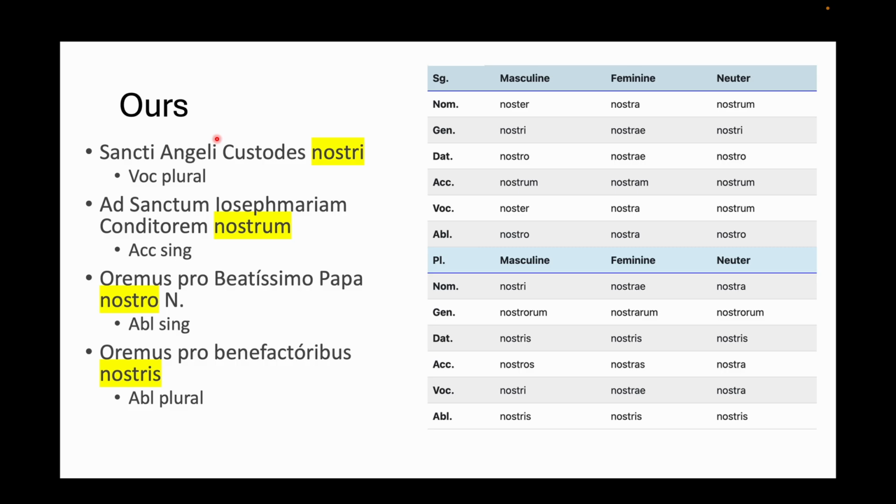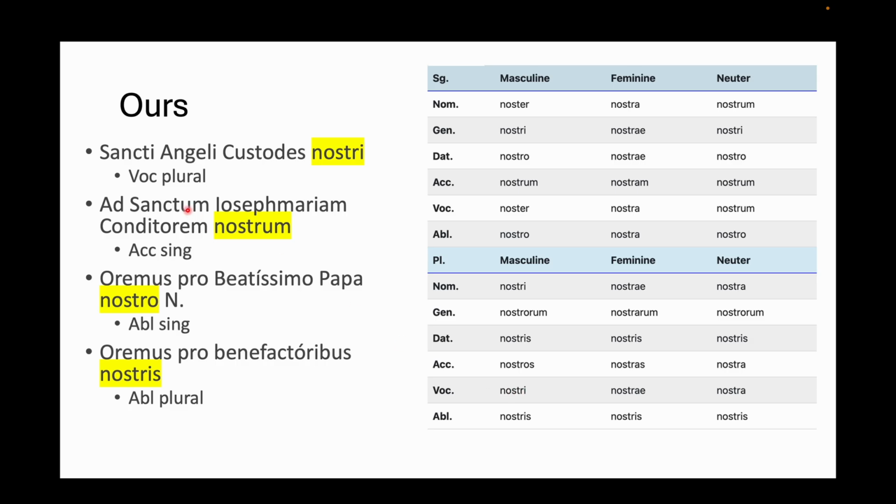Here's the chart for the first person plural, and again you can see masculine, feminine, neuter, singular, and plural. So let's have a look. Sancti Angeli Custodes Nostri. This is actually a vocative plural, and so we need to have a look for a vocative plural. Here it is, nostri.